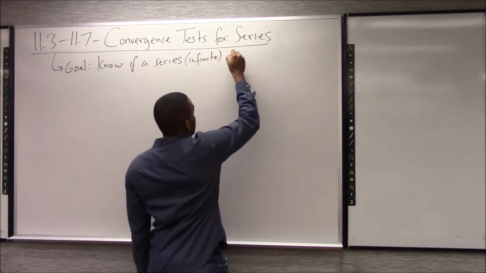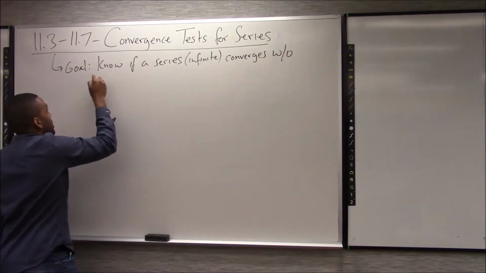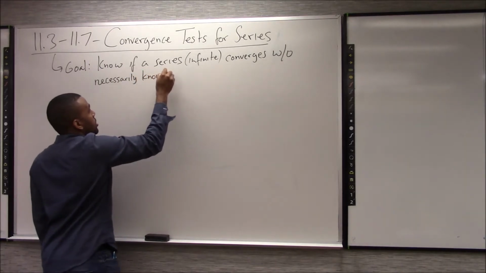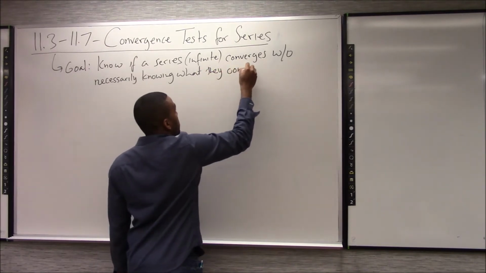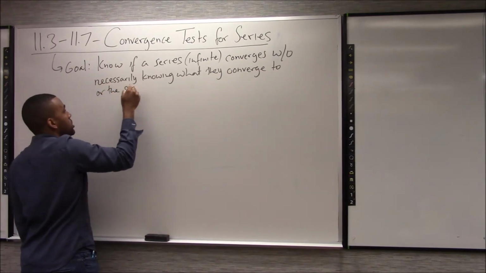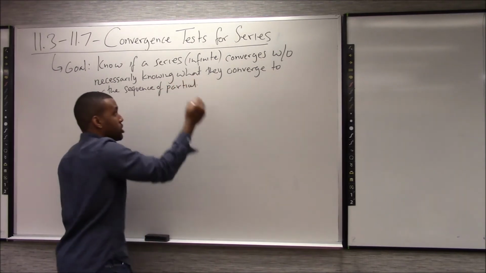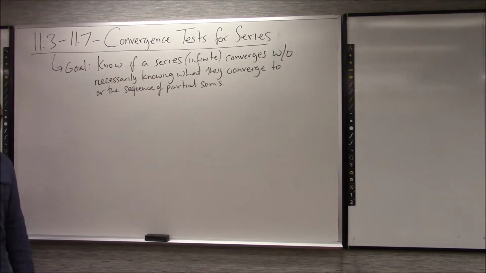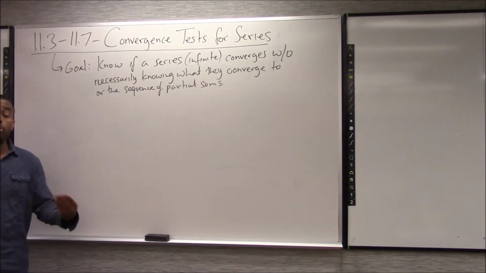Know if a series converges without necessarily knowing what they converge to, or the sequence of partial sums. So there are times when the thing you're looking at is too complicated, you can't know what it will converge to. It's also hard to find the sequence of partial sums.